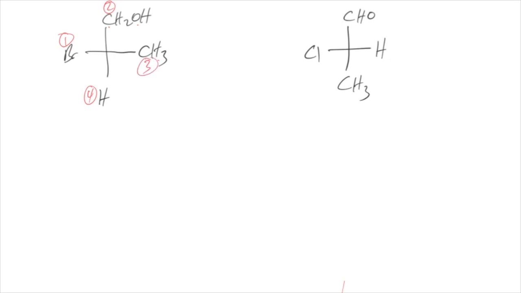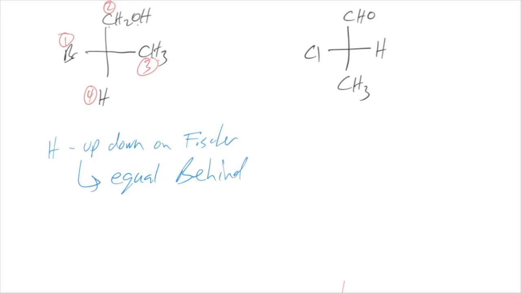Now you have to look and see first whether your hydrogen is going up or down on the Fischer projection, because if it is, that's the equivalent of it being back, or behind the plane. And that way, you can follow the normal R and S rules.